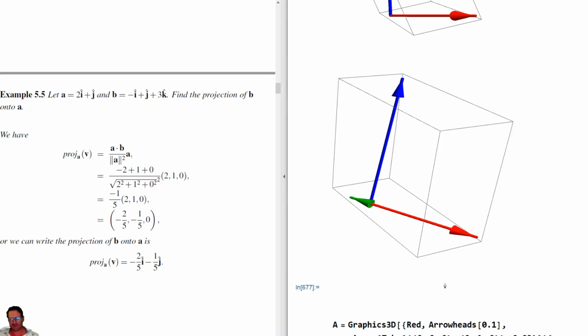And that can be very useful, especially in little problems on Newtonian physics, where you have, say, a block sitting on an inclined plane, and you're trying to determine whether the block will slide down the plane, right? It's helpful to be able to express another vector in terms of a vector that's not necessarily parallel to each of the axes. All right, so this is just a tool for calculating vectors in some applied problems.